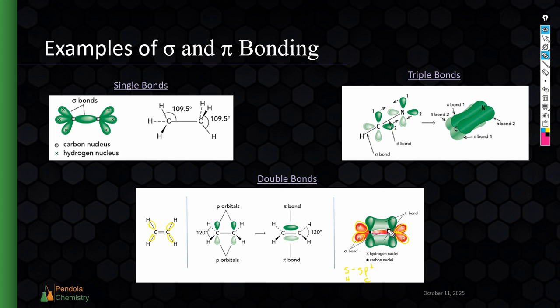This pink bond in the center, this sigma bond, which is one of these two double bonds, is going to be created from the overlap of the sp2 with the sp2 hybrid orbitals from the carbons. And then the one in green here is going to be the pi bond that's created from the p orbital in one carbon overlapping with the p orbital in the other carbon.